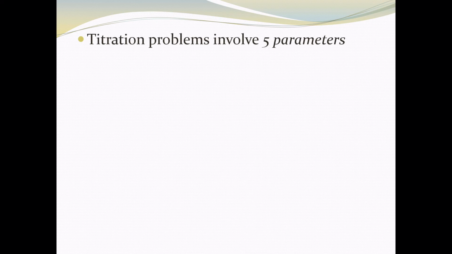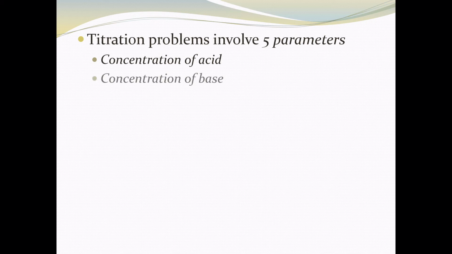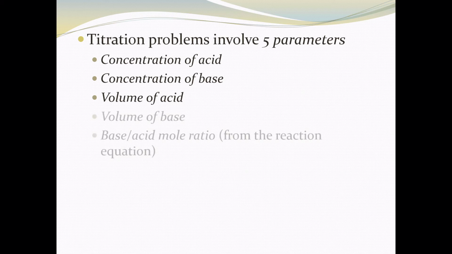Now, titration problems generally involve 5 things. These are 5 parameters that all titration problems require in order for you to be able to solve them. The first is concentration of acid, and by extension, concentration of base. Following this, you'll need the volume of the acid and the volume of the base.